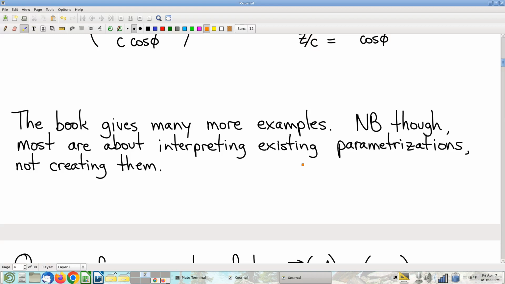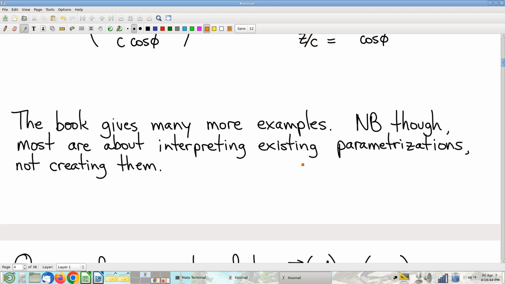The book's examples all start with a given parameterization. Given. And then ask, how would you figure out what the underlying surface is? Right? So it's just that that's not how questions tend to come at you. Most of the time, you have a surface and you need to create the parameterization.